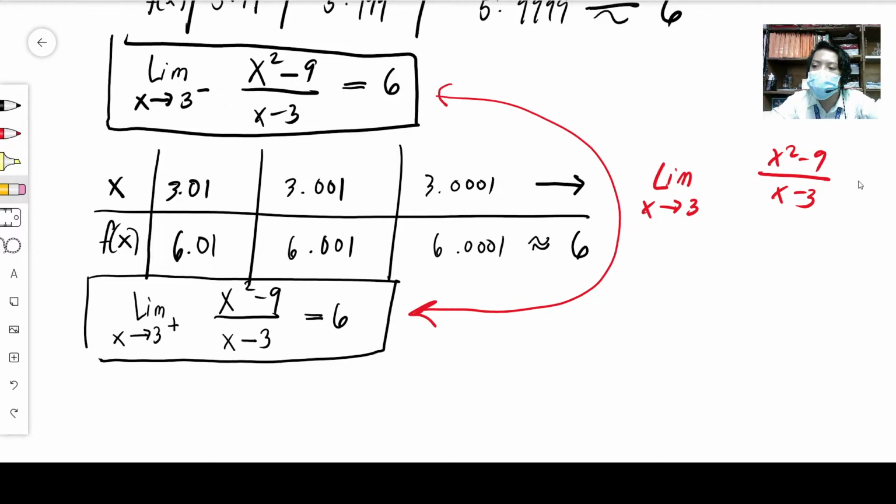Let me erase this one. Let me rewrite it. The limit of x squared minus 9 over x minus 3 is equal to 6. That means 6 here as the answer, while here it is undefined.